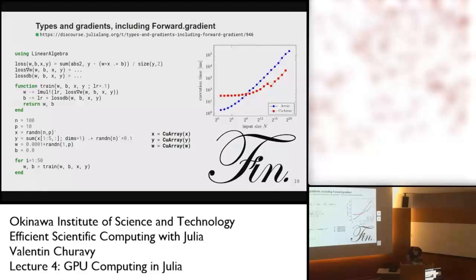Closer to 100, yes. Matrix multiply is the fastest thing.